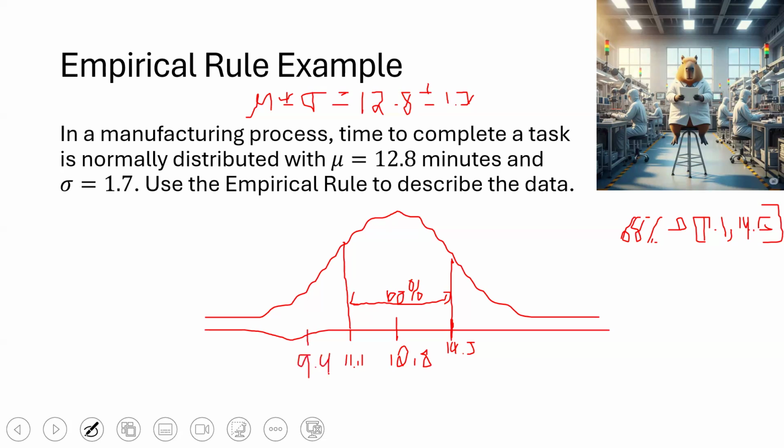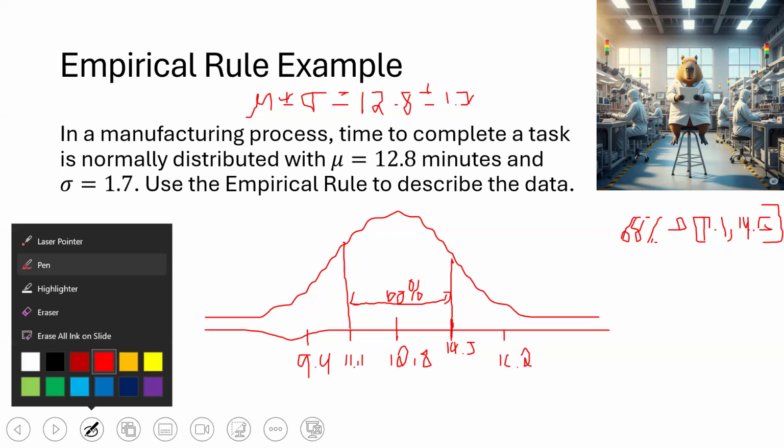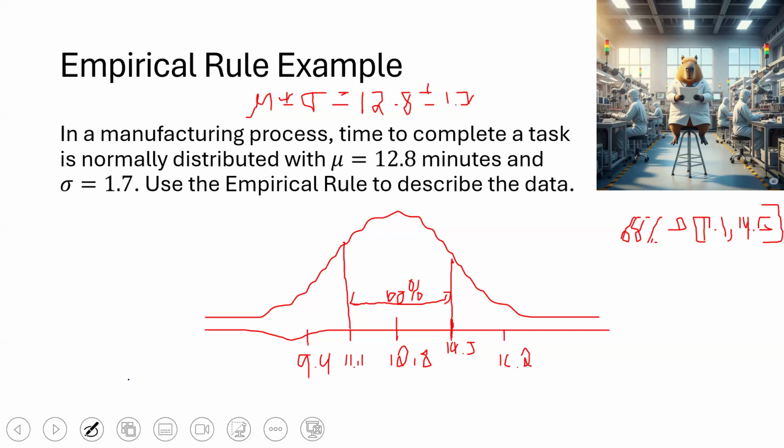I'm just subtracting 1.7. Add 1.7, and that's 16.2. All right, so now let's change colors so we can see it a little bit better. In this interval, from here to here, this contains 95% of our data. So 95% of the data lies in the interval from 9.4 to 16.2.